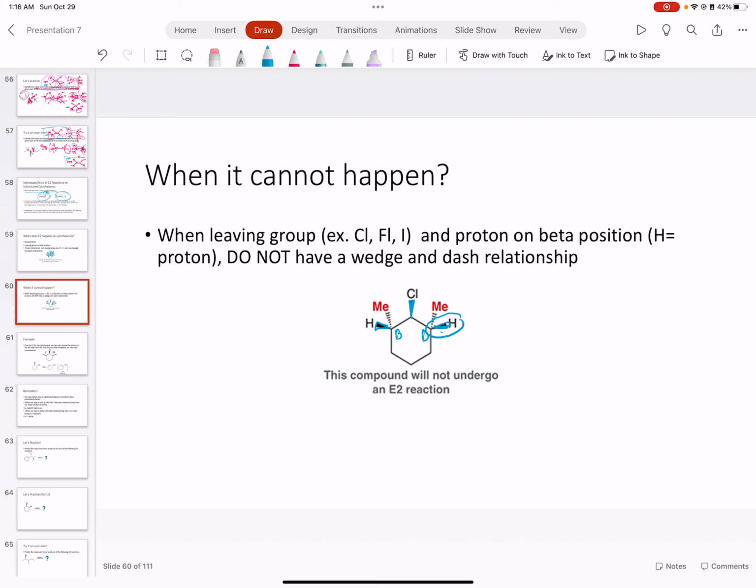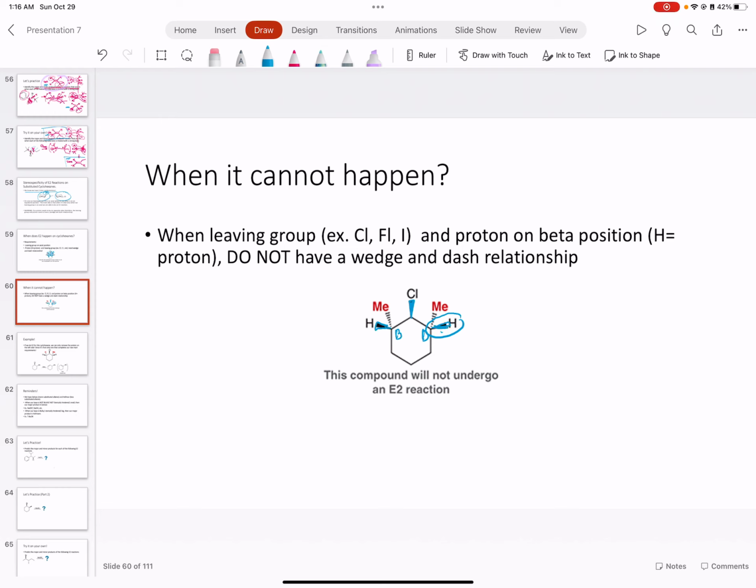When our base is bulky, sterically hindered, really big, then our major product is Hofmann, which is the less substituted. An example of a really bulky base is tert-butoxide. Okay, so predict the major and minor products for each of the following E2 reactions.